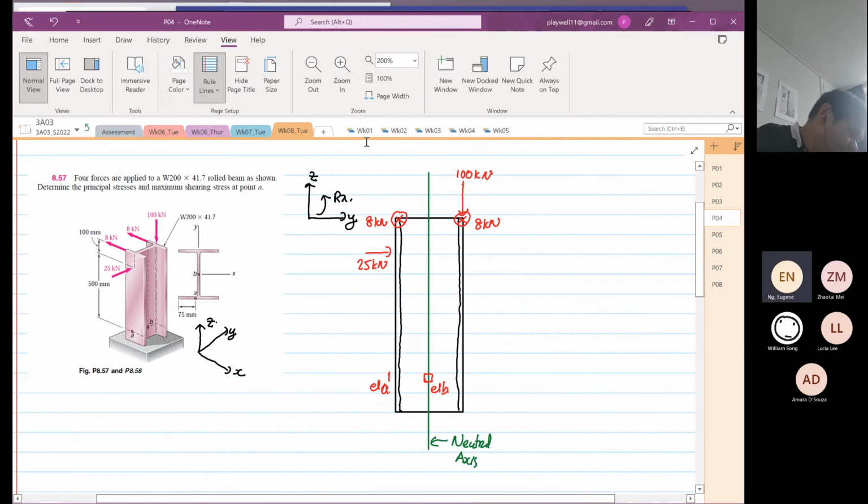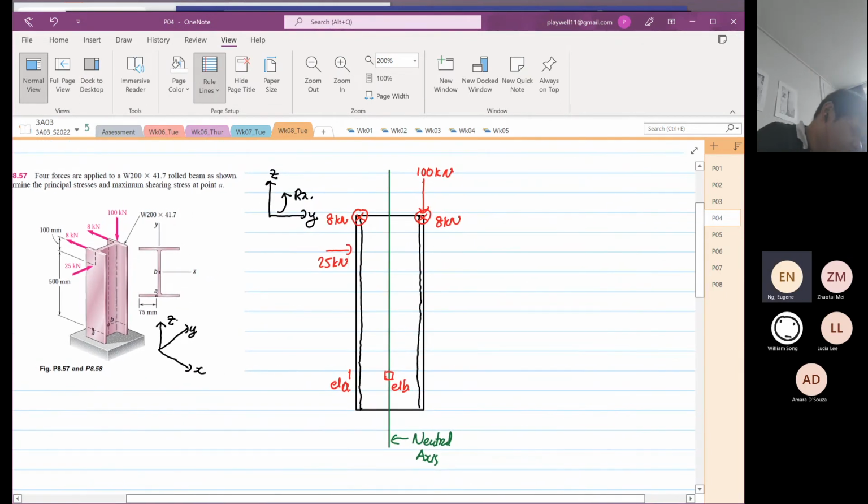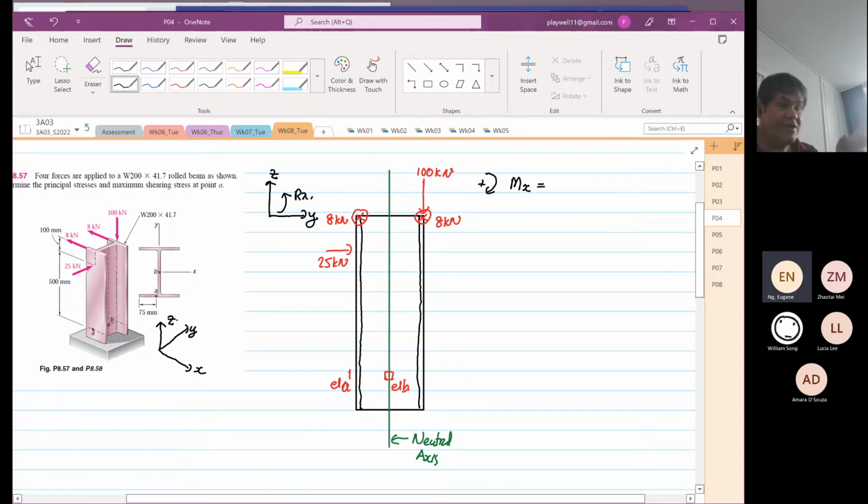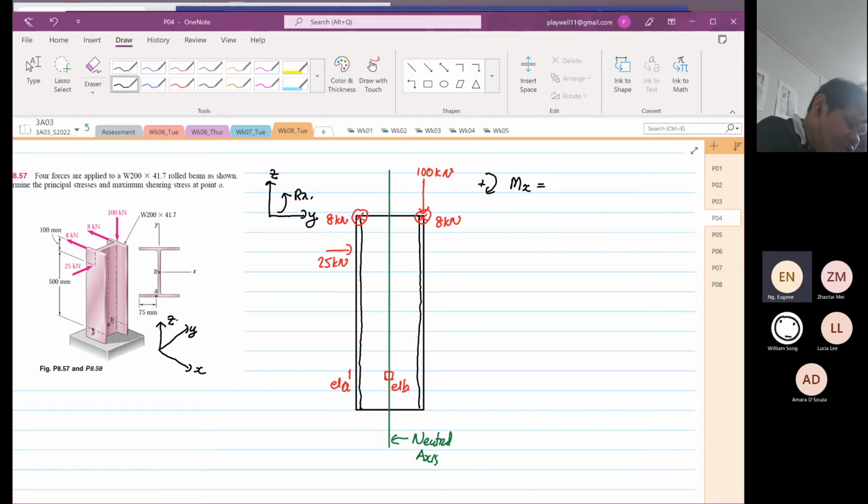So the first thing we're going to do now is determine the moment in the X direction. I'm going to state that going in a clockwise direction is positive. Moment in the X is equal to. Now, this is where it's interesting. You have two forces inducing the moment. One is the 100 kilonewton.